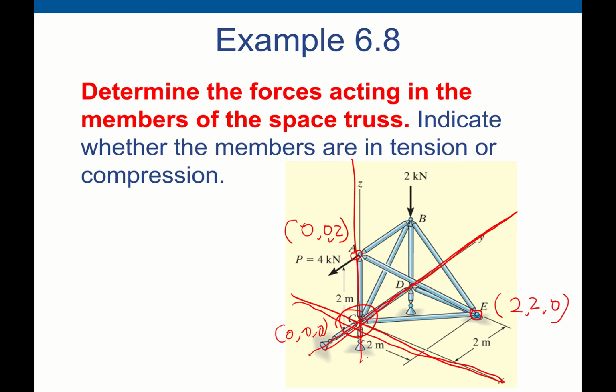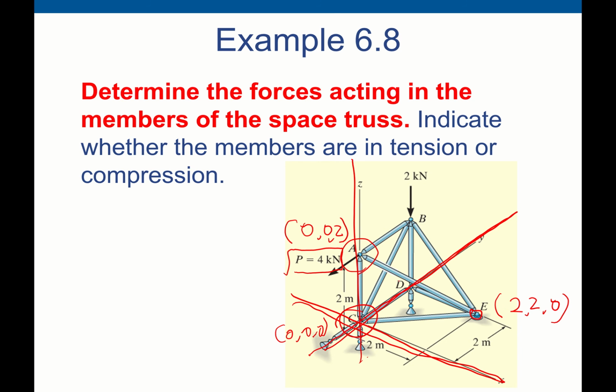And if you look at point A, we have a support. No, not a support. It's an external force, which is a kind of pulling force toward the negative y-axis direction, which is good. So we can solve this problem easily because we have an external force over there, and we have 3 unknown members.